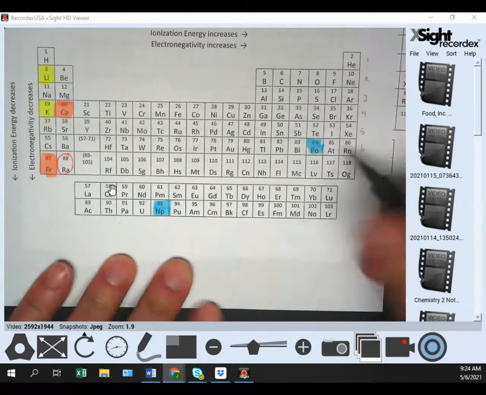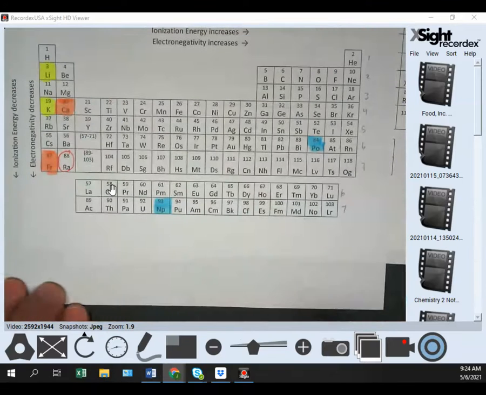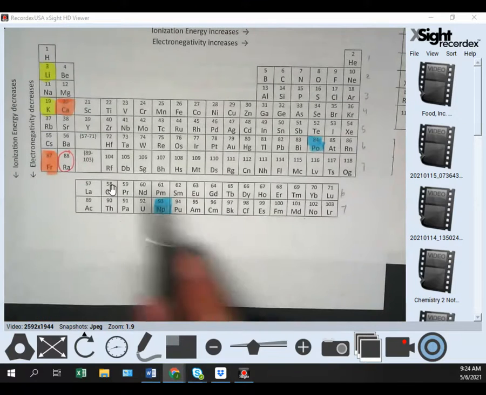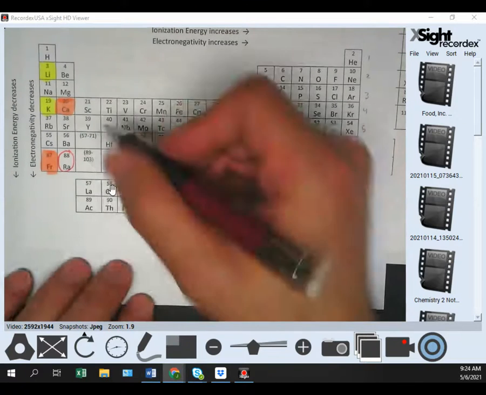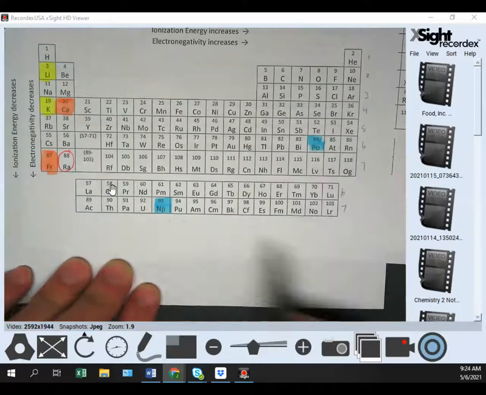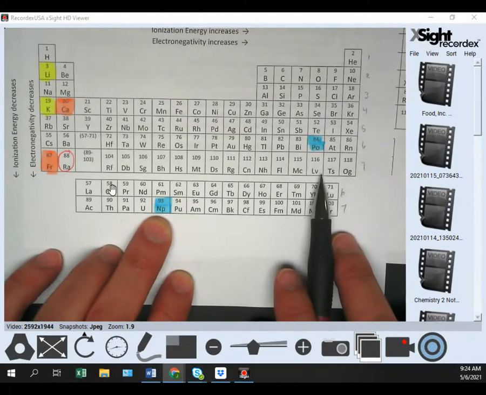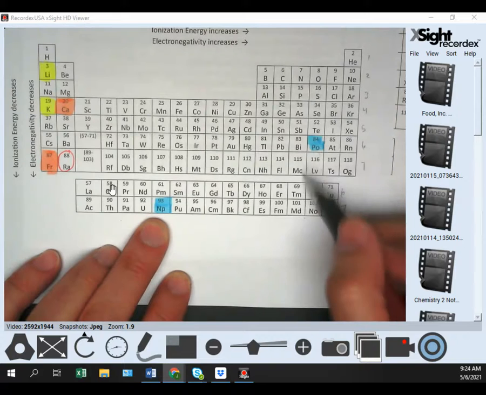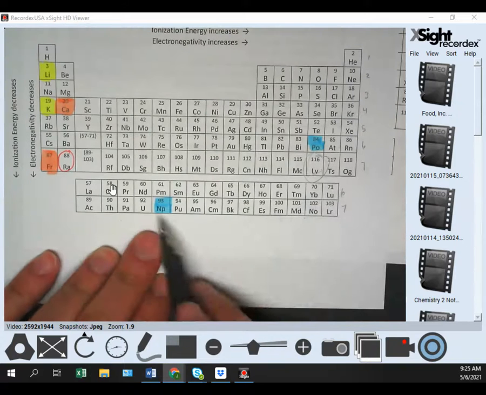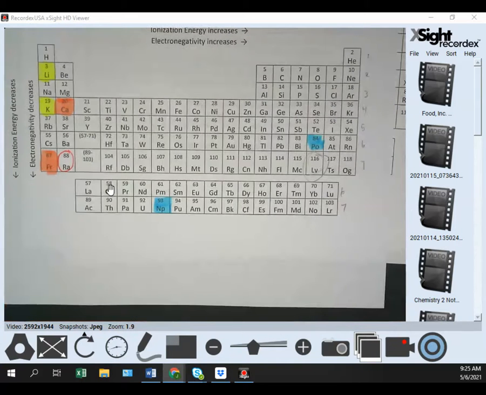This top one is row 6, and this is row 7 in here. So basically Np would be down here. What I would use if I were you is Lv. I would use Lv as the in-between one, because that's in the same row as Np and in the same column as Po. Does that make sense?